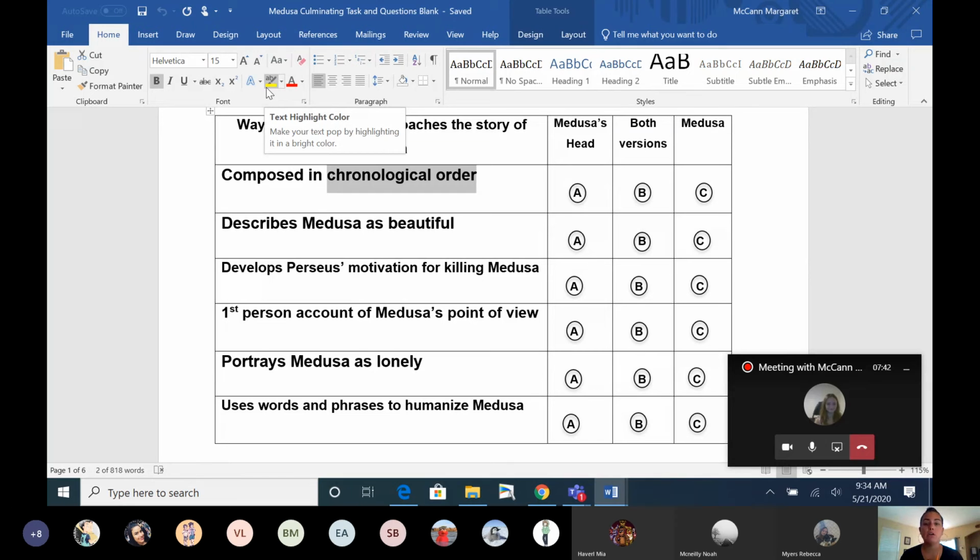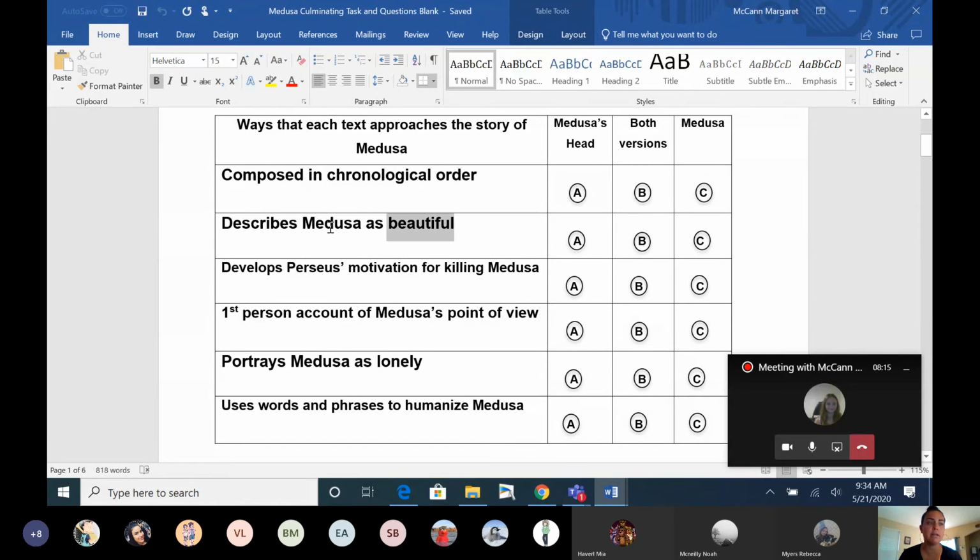So you have to think, okay, did the short story go beginning, middle, end in exactly the order that it happened? Did it have flashbacks? And then you have to think about the poem, did it go in beginning, middle, and end? And so think carefully, okay, because the poem does do a lot of back and forth. So you might want to look at it again before you make your final decision on this answer, okay? So chronological order, the order that it happened, first, second, third, beginning to end, okay?